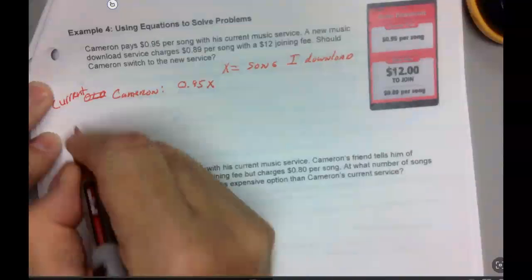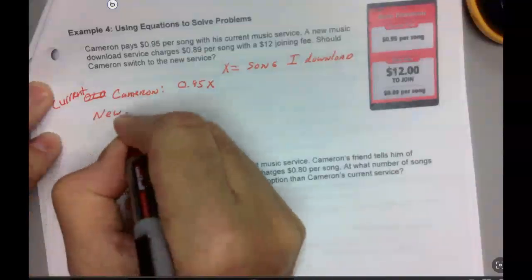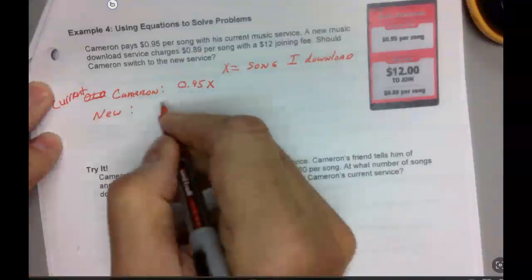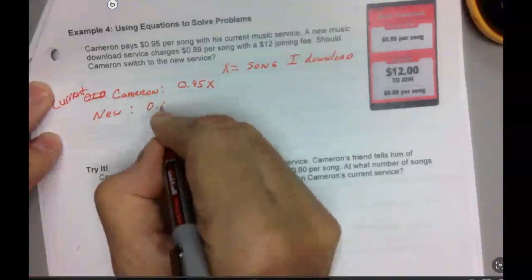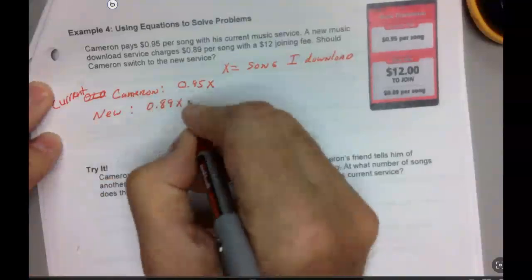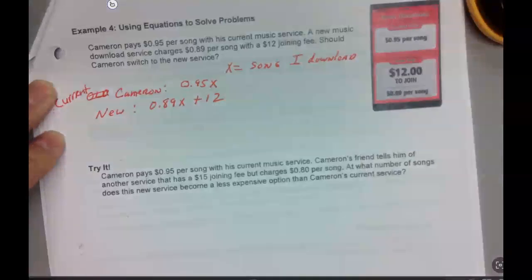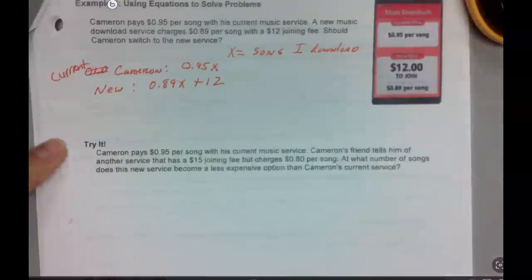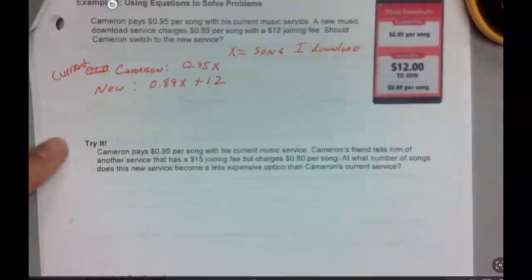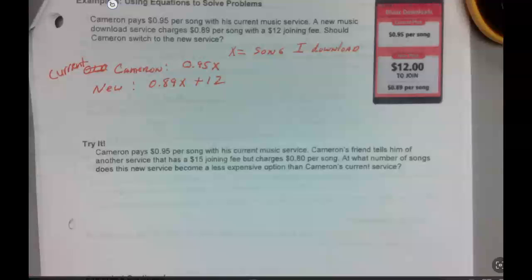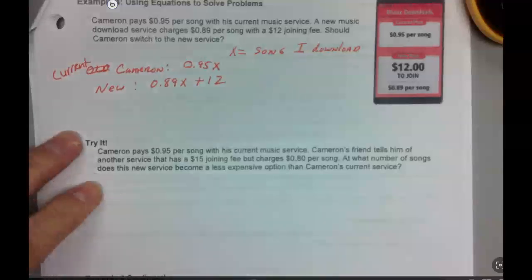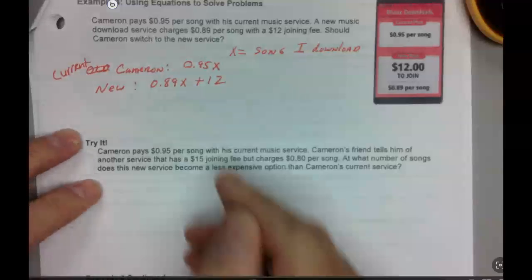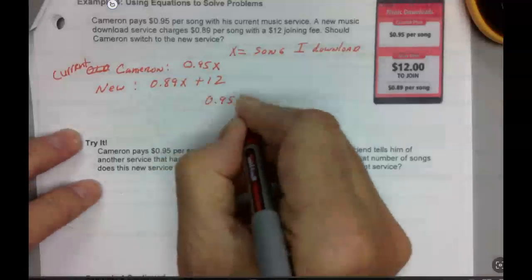And a new download service for him is 89 cents a download with a $12 joining fee, correct? Should Cameron switch to the new service? Okay, let's find out whether they're equal, correct? So, set them equal to each other.